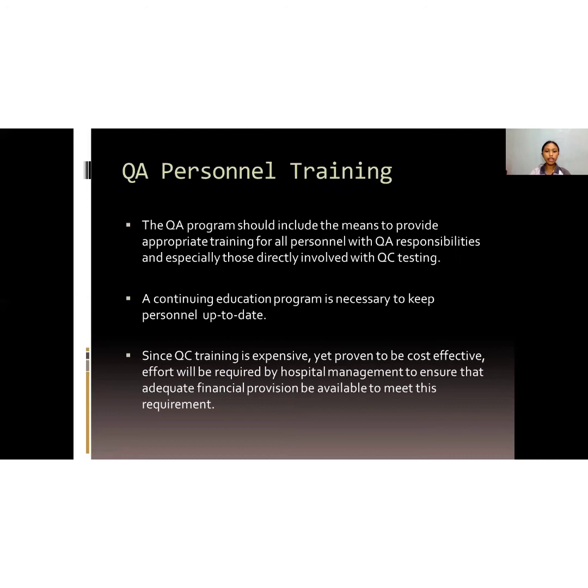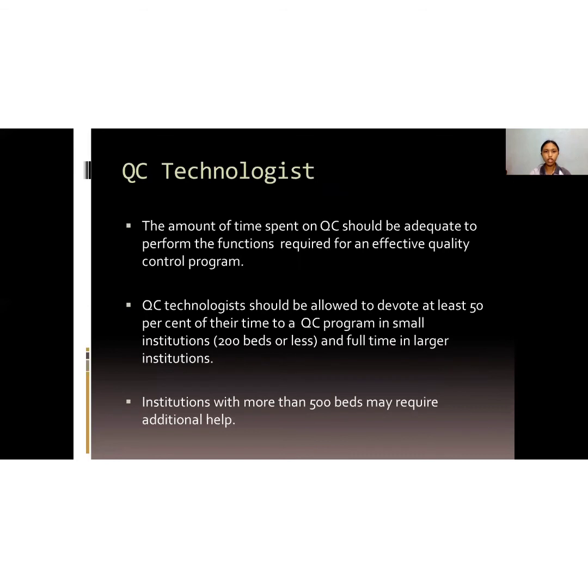So a continuing education program is necessary to keep personnel up to date. So since quality control training is expensive, yet proven to be cost-effective, effort will be required by hospital management to ensure that adequate financial provision be available to meet this requirement.